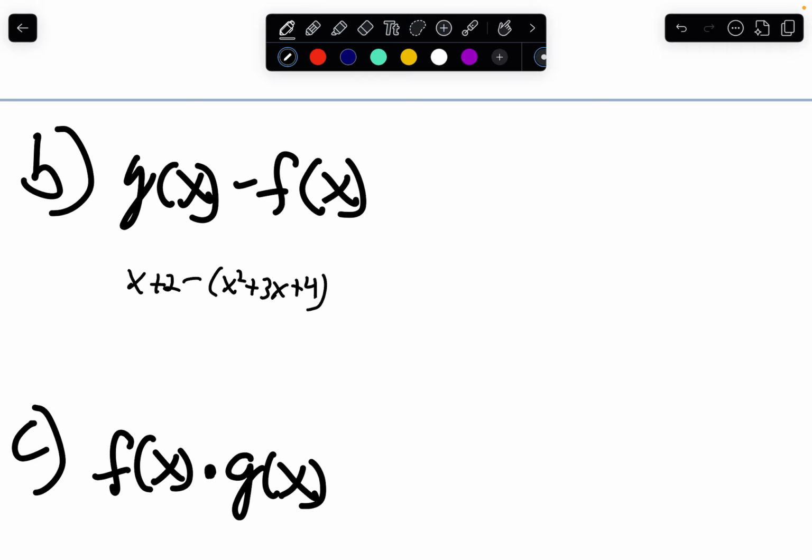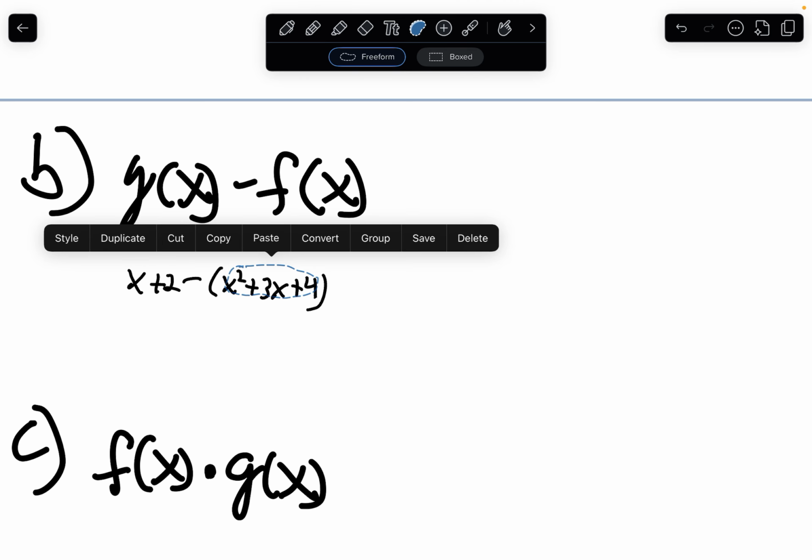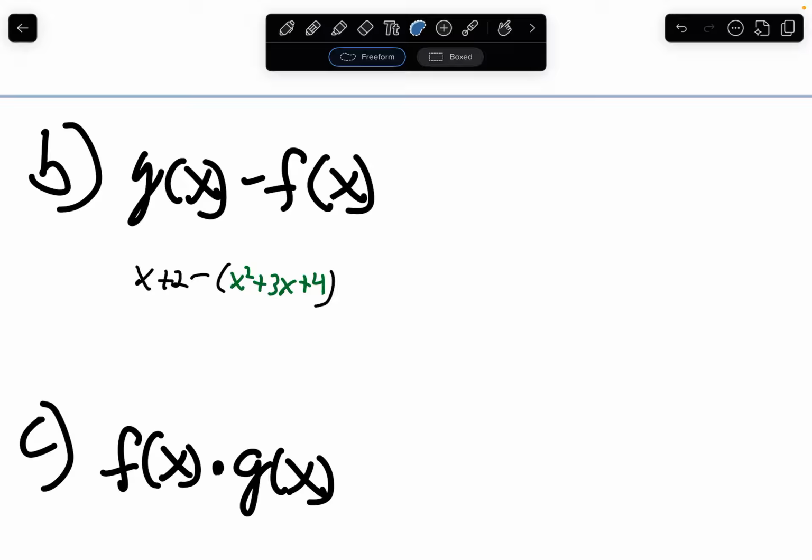Notice I put parentheses around it, and let me change the color just so that you understand that this right here is f of x. So now we just have to subtract. So when you subtract, if you can do it in your head, understanding that this negative sign, we're subtracting this, this, and that, I always say add the opposite, so make that minus a plus and change the signs on the inside so you don't mess up your signs.